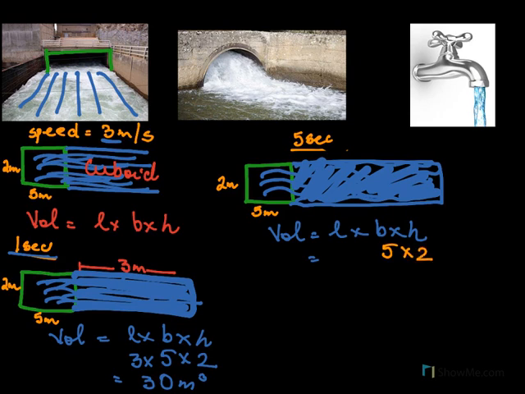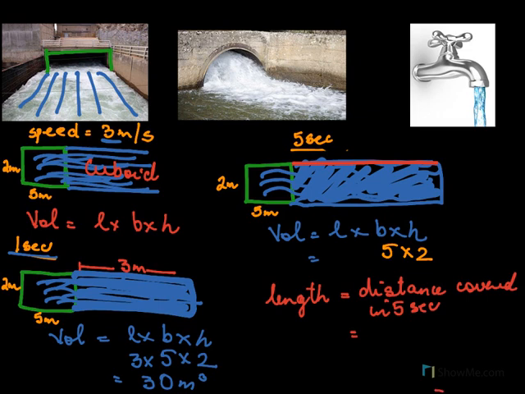What about the length? The length, you'll definitely agree, is the distance covered by water in these 5 seconds. So length is equal to the distance covered in 5 seconds. And what is distance? Distance is speed into time. We know the speed was 3 meters per second and the time here is 5, so the distance is 15 meters.